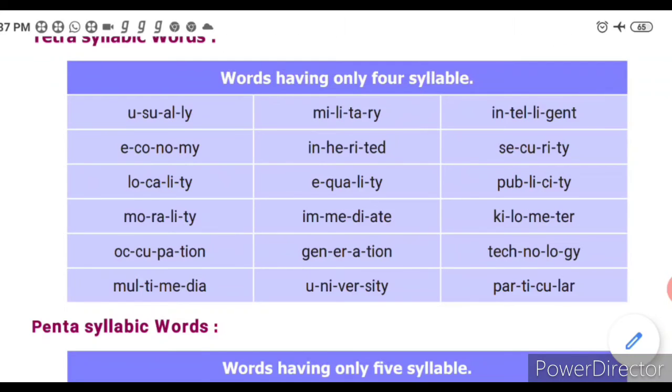Okay, so equality, publicity, morality, immediate, kilometer, occupation, generation. So the 'Asian' sound you can spell separately. See here, generation. Technology, multimedia, university, particular. Okay, children? Yes.